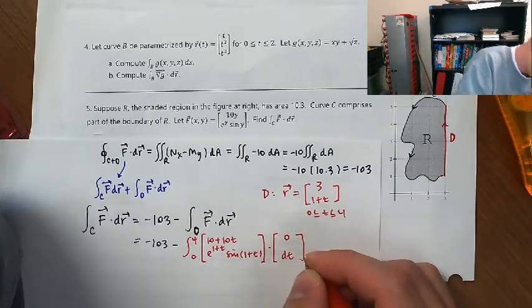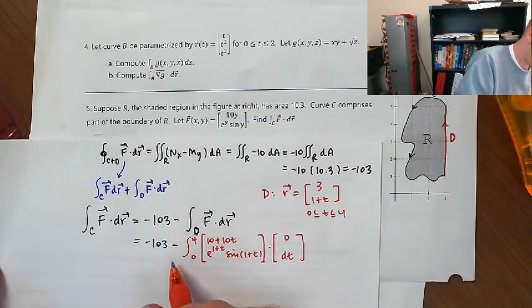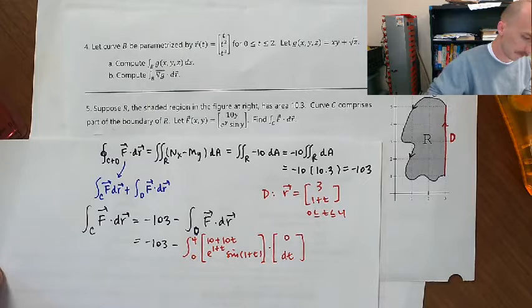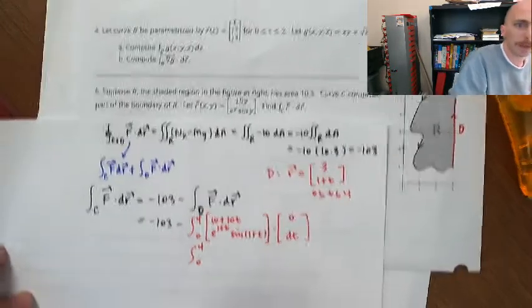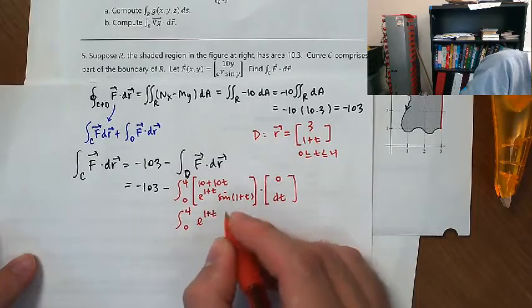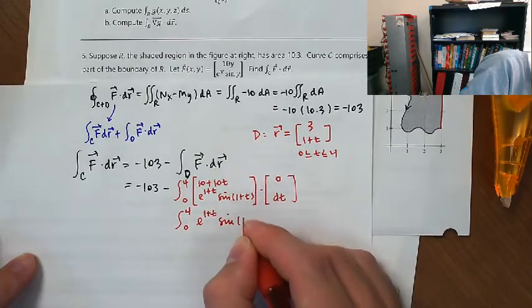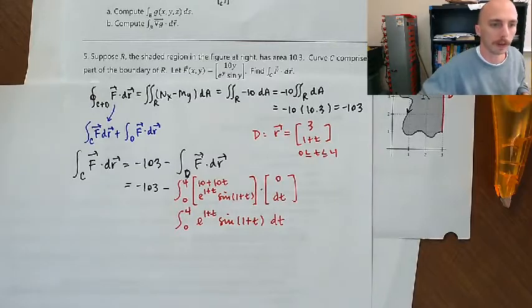Okay, so I'll rewrite this one more time. Do you have enough room to see what I'm doing here? So that's e to the 1 plus t sine of 1 plus t dt.